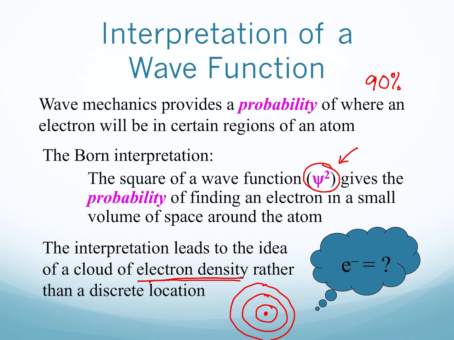But this is different from the Schrodinger equation and the Schrodinger model, the quantum mechanical model. This now talks about areas where the electron might be found. So rather than saying it's going to be on this ring, we're saying it's going to be somewhere in here. That's the difference between the Bohr model and the quantum mechanical model.